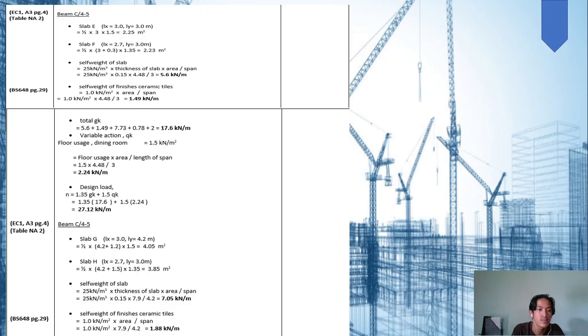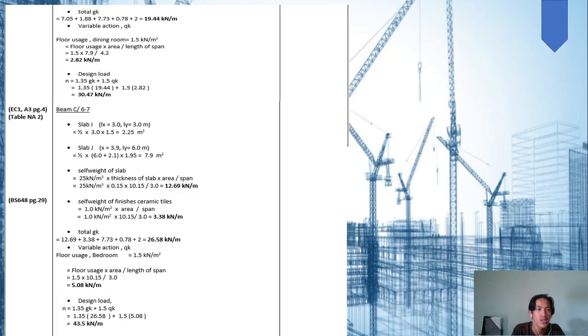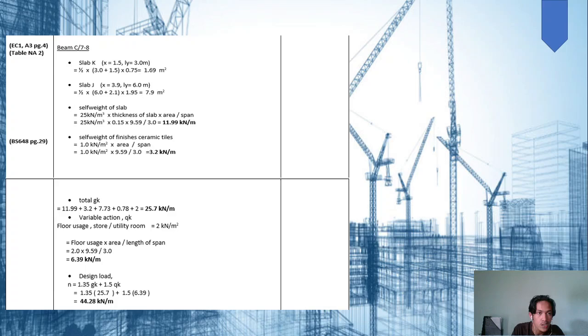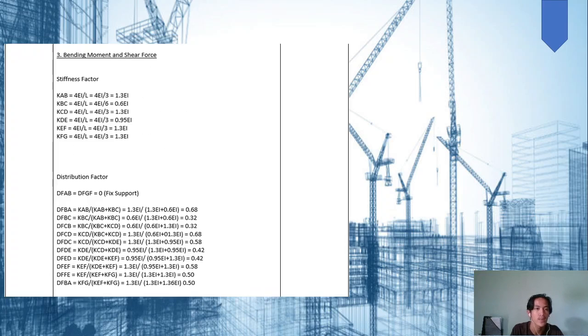And then for beam C56, we calculate, and then we get 30.47 kilonewton per meter. So for beam C67, we got 43.5 kilonewton per meter for design load. And then for the last beam in the continuous beam, C78, we calculate that, and then we got 44.28 kilonewton per meter for the design load.